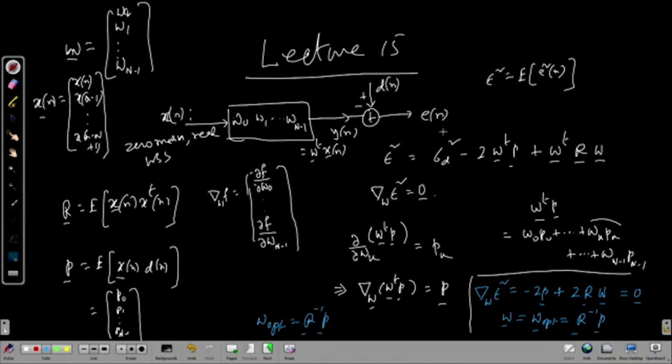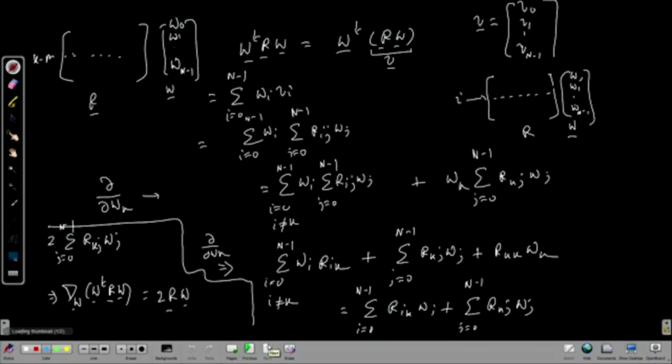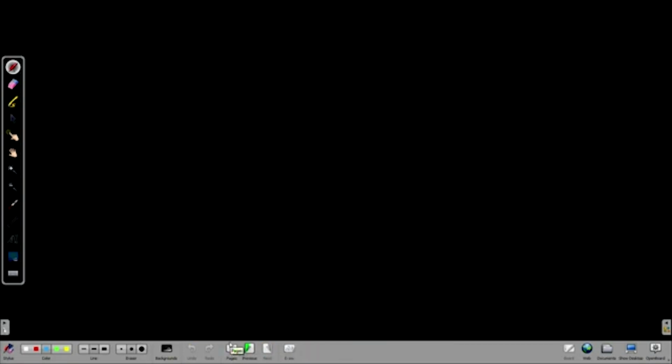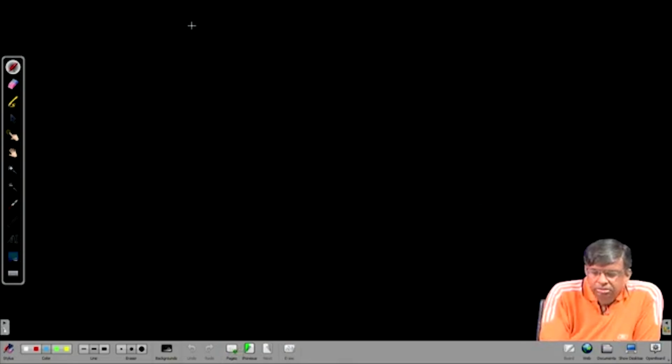Only then is this error power, the error variance, the expected power, minimized, if I choose these coefficients W 0, W 1 and W n minus 1 from this vector W opt. All right. One thing you see: I know that the error e n is d n minus W transpose x n.